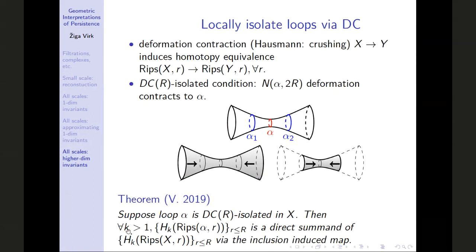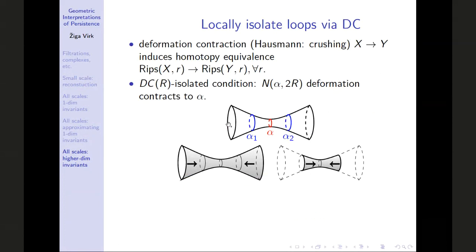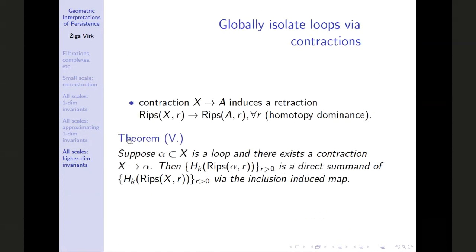But maybe a comment I want to put here is, with this nice neighborhoods thing and with this contraction result, you don't really need geodesic spaces here. This works for anything. So Henry, I think you have some results on persistent homology of ellipses and regular n-gons.